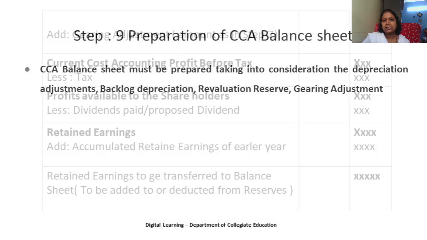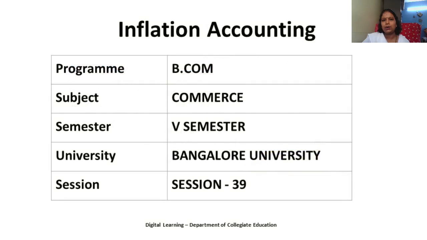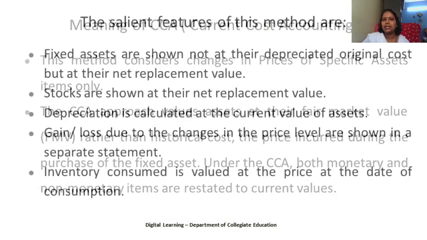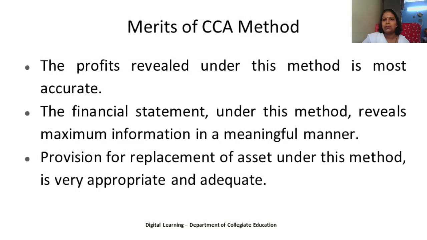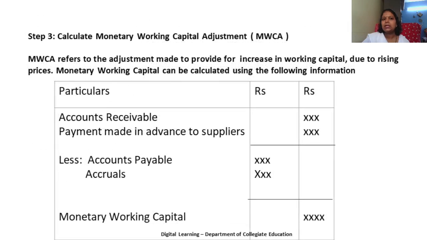Let us recap once what all we did. When we do the CCA method of inflation accounting, we studied the meaning, we went through the salient features, merits, demerits, steps. Step number 1, financial statement under historical cost. Step number 2, COSA. Step number 3, MWCA.